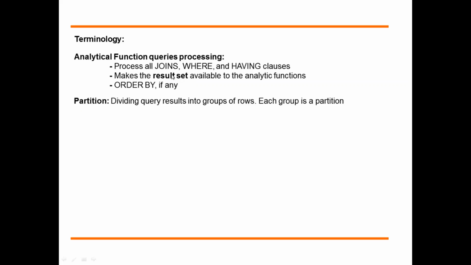Let's say there are 1000 rows that survived these joins, where clauses and having clauses. Am I going to consider all 1000 records as a single input, or am I going to divide 1000 records into male or female group, or rural or cities, or state wise, whichever way I want to divide the partition.